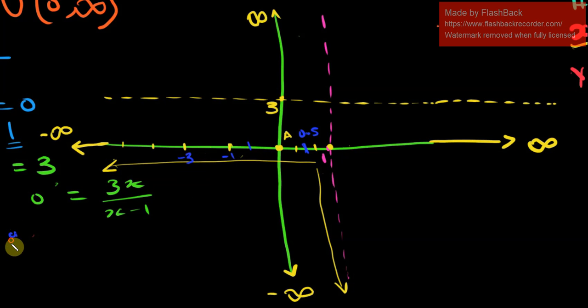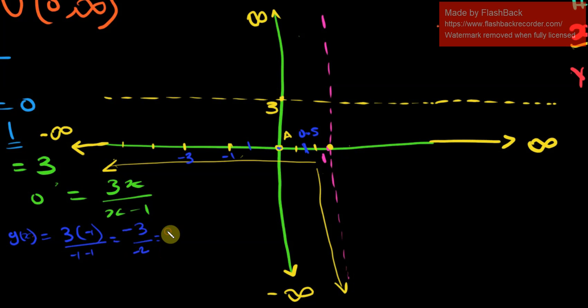Okay, so what is g of x when x is -1? Let's start with that one. That gives us g of x equals -3 over -1 minus 1, which is -2.